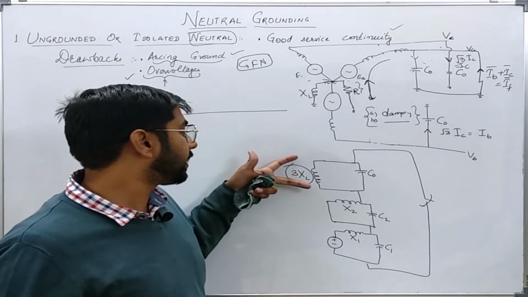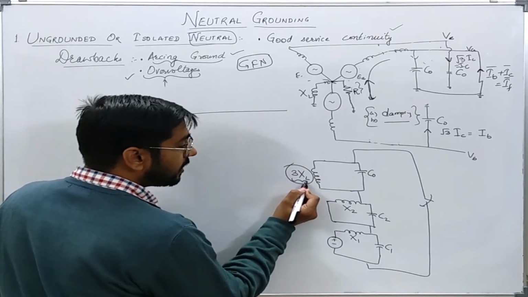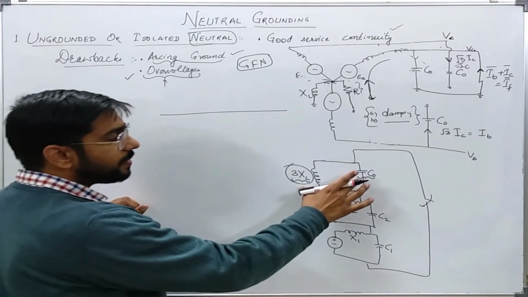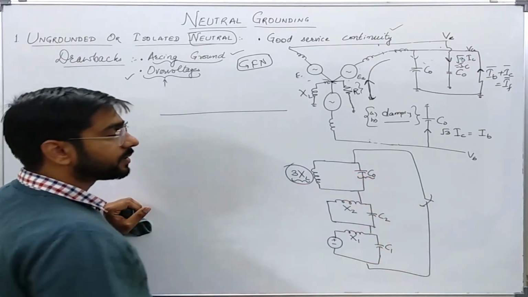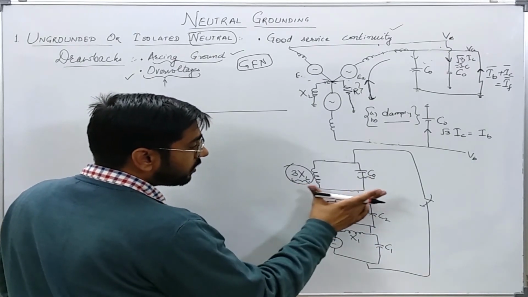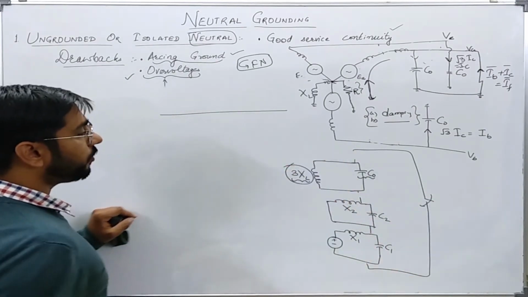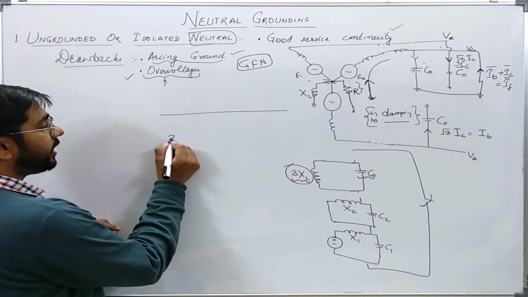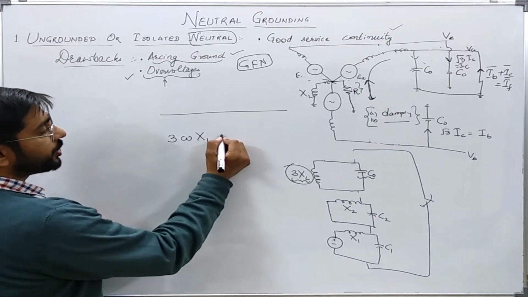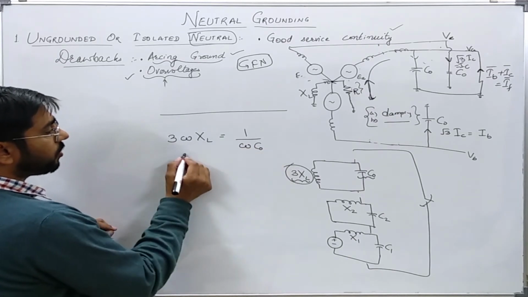across this reactance. So what we can do is design this 3XL such that it negates the effect of C naught. That is, these two are in parallel resonance. When these are in parallel resonance, this will act as an open circuit and there will be no flow of current during the fault. So we can see that 3 times omega XL should be equal to 1 by omega C naught.